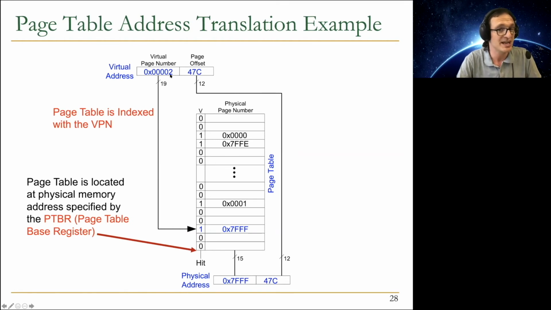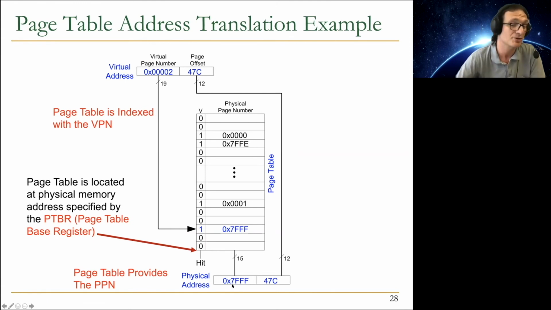In this case, the virtual page number is 2. So basically page table base register plus the 2. So we basically index the second entry of the page table. And it happens to map to this location. It happens to be valid, as you can see. The page table provides a valid bit and the PPN, physical page number. If it's valid, then you get the physical page number and append it to the page offset, and that's your physical address. So that's how you do the translation.